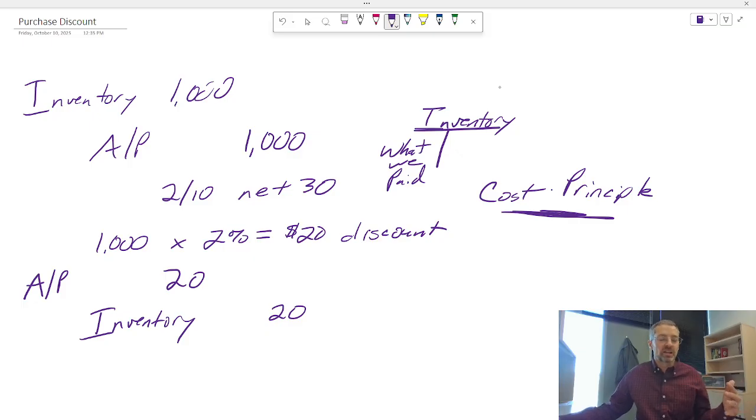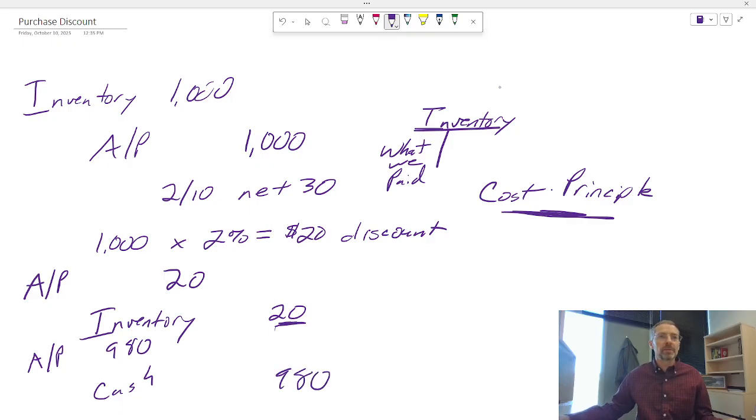It didn't actually cost us $1,000. We're only paying $980. So we need to take out the $20 from the $1,000 so that we are following the cost principle in accounting. And then we can actually pay off the bill. So we'd pay off the other $980 and credit cash.